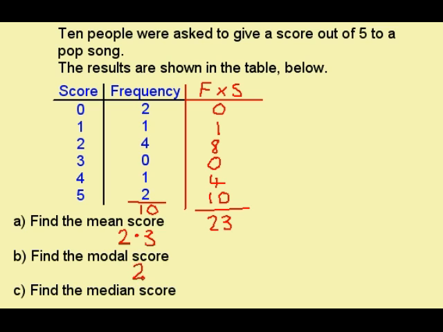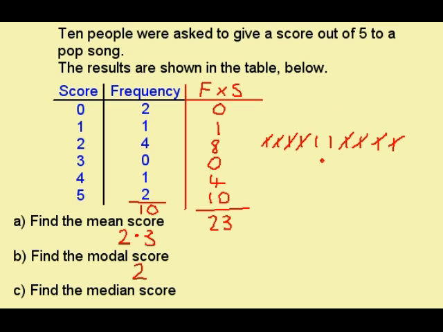For the median, I need to find the middle of the 10 scores, which, believe it or not, is the 5th and 6th score. A lot of people find this difficult to understand, but if I put my 10 scores down as dashes, 1, 2, 3, 4, 5, 6, 7, 8, 9, 10, and then work my way in from the outside, I can see that the two middle ones are the 5th one and the 6th one, so the median is in between the 5th and 6th ones.